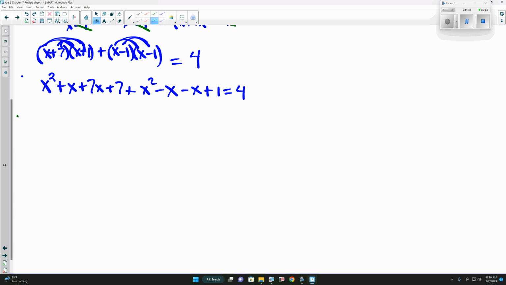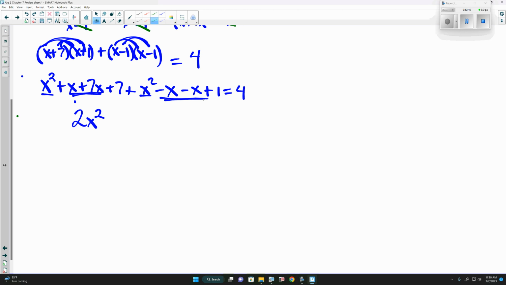Now at this point here, we can combine like terms. So for the first time in one of these, we have x squared plus x squared is 2x squared. Then we're combining x's. So x plus 7x is 8x. Minus x is back to 7x.